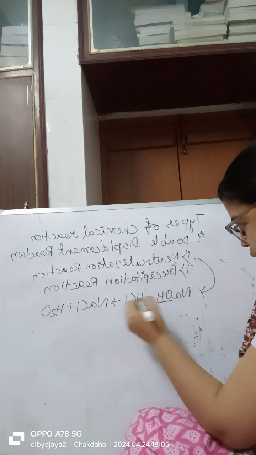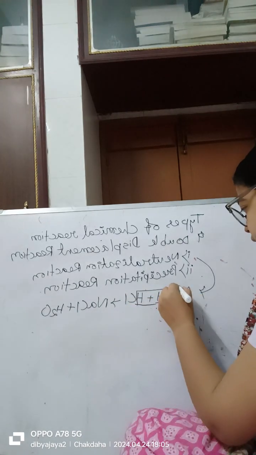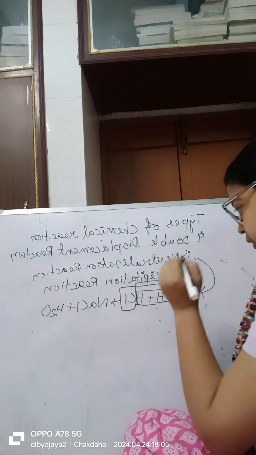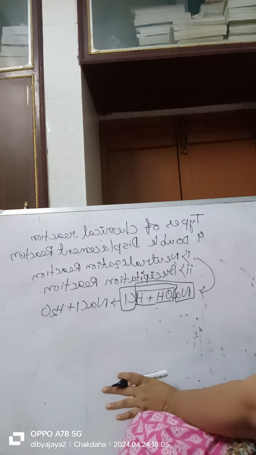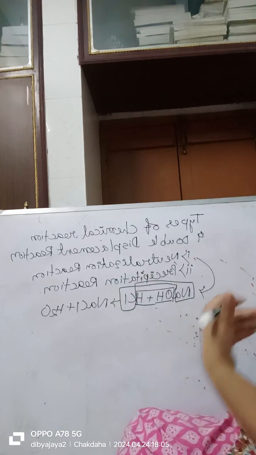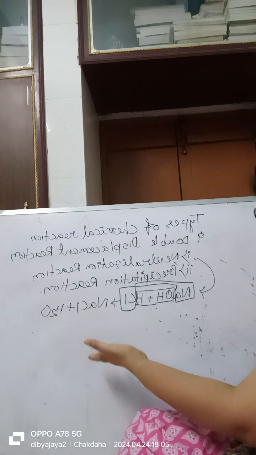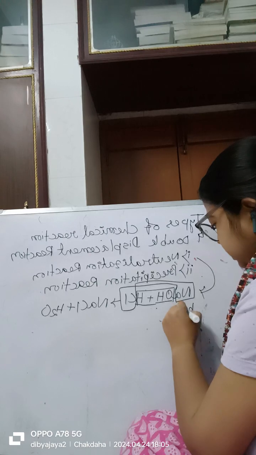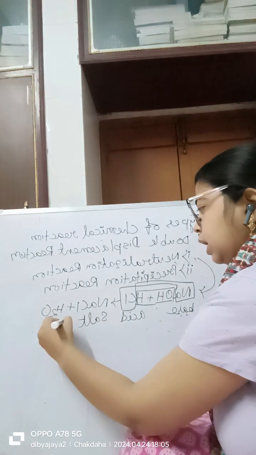The OH part attaches with hydrogen to form water and the rest forms NaCl. Any acid reacting with a base forms its respective salt and water. This one is the base, this one is acid, it forms salt and water.